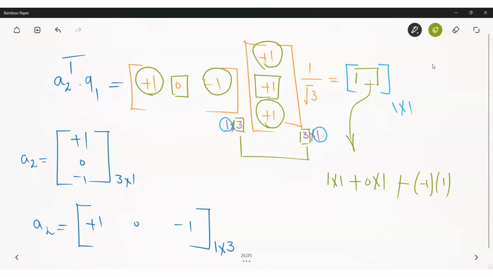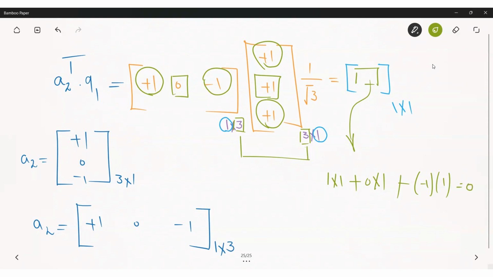How much do you get at the end? This one becomes 1. This one becomes 0. This one becomes minus 1. Plus 1 plus 0 minus 1 gives you how much? 0.